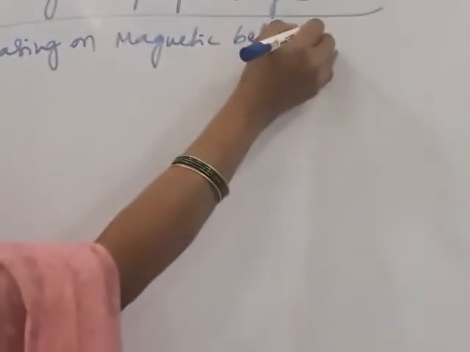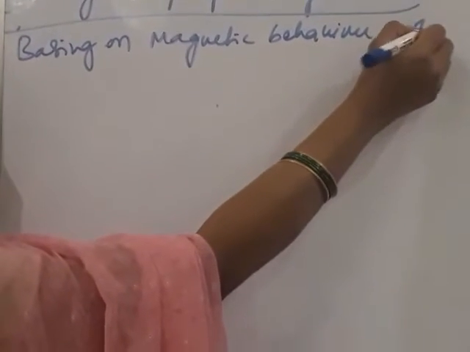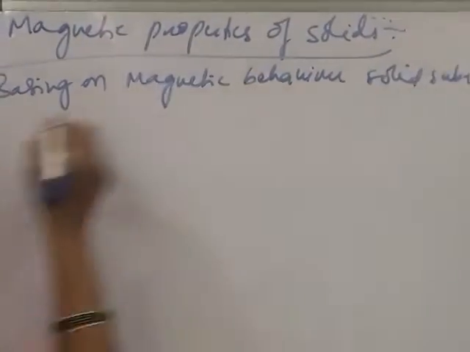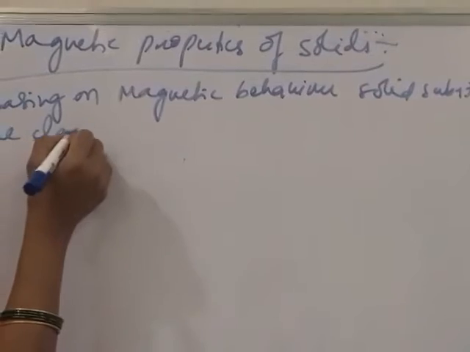Okay. So, basing on magnetic behavior, solid substances are classified into 5 types.